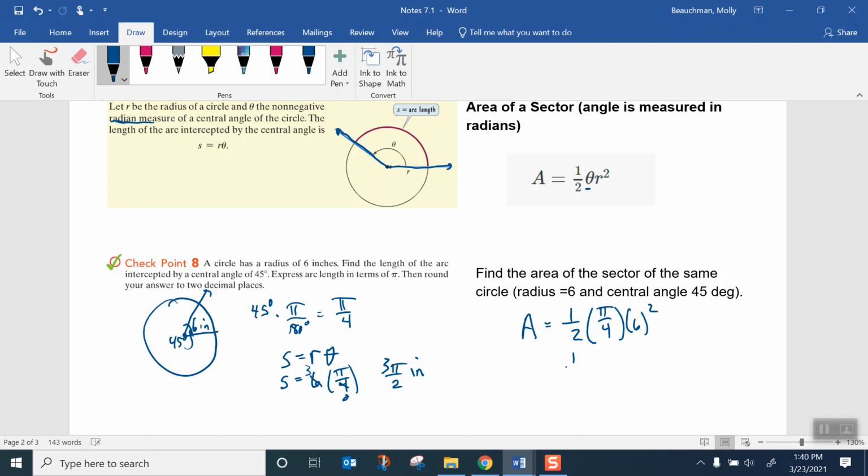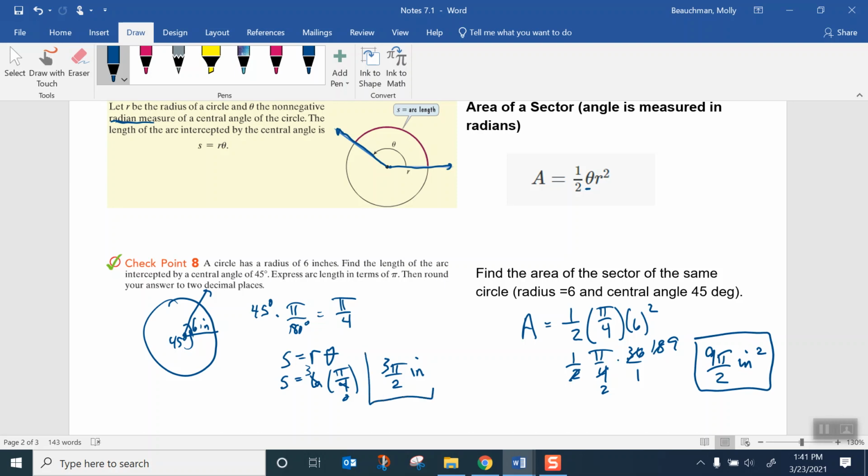So we're going to end up with 1/2 times pi over 4 times 6 squared is 36. Let's see, 2 goes into 36, 18 times, 2 will go into 4, 9. I end up with 9 pi over 2 square inches for the sector.